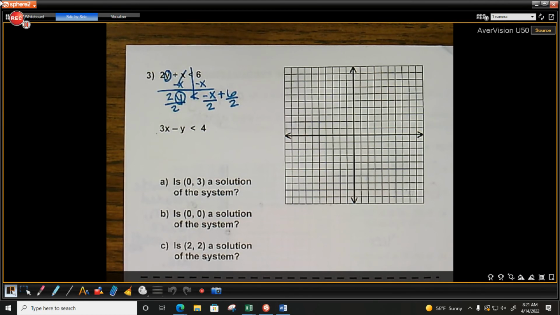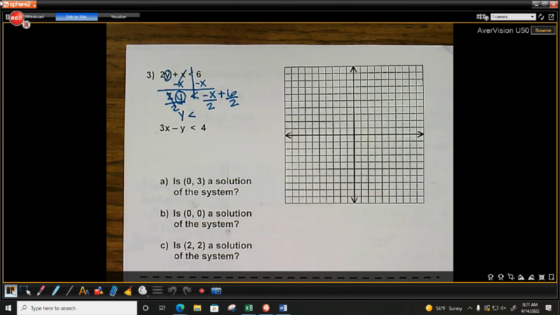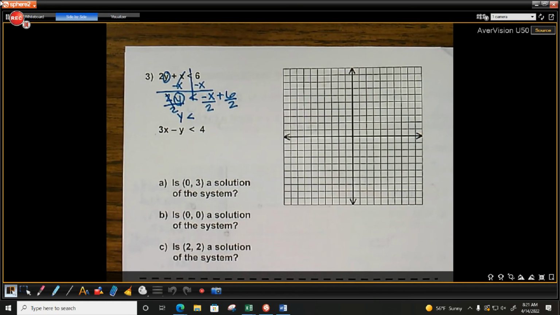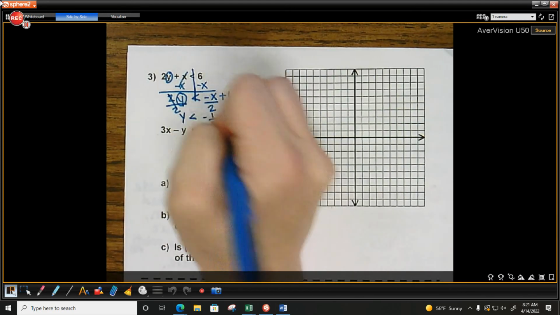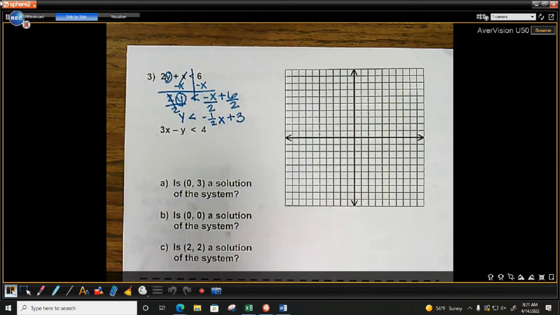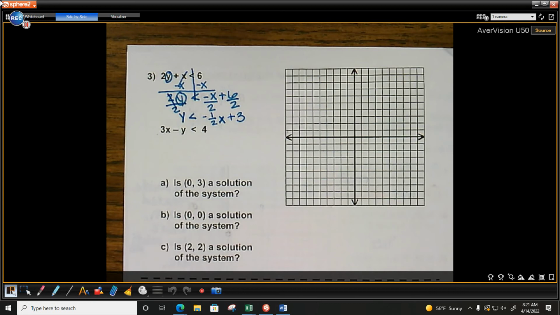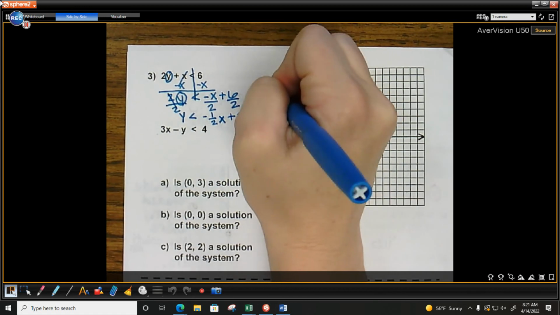Okay, so my 2's cancel and I get y is less than, what's negative x over 2 become? Negative 1/2 x, very good. And then 6 over 2 plus 3. Are we now in y equals mx plus b, slope-intercept form? What's my m? And what's my b? Where do I then begin, Dominic? 3 up on the y-axis.